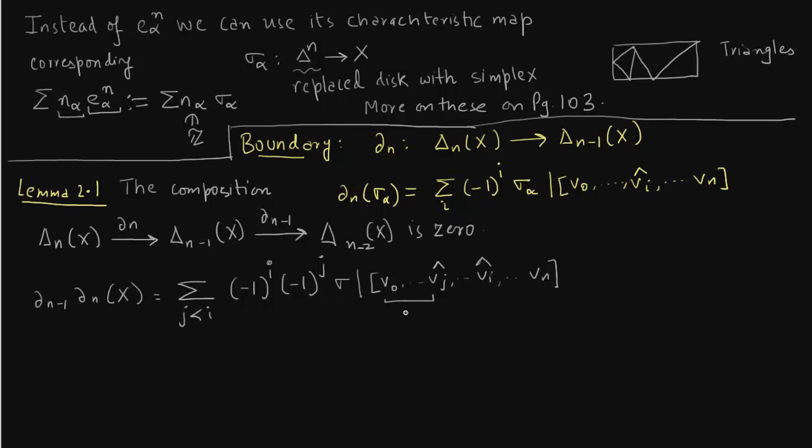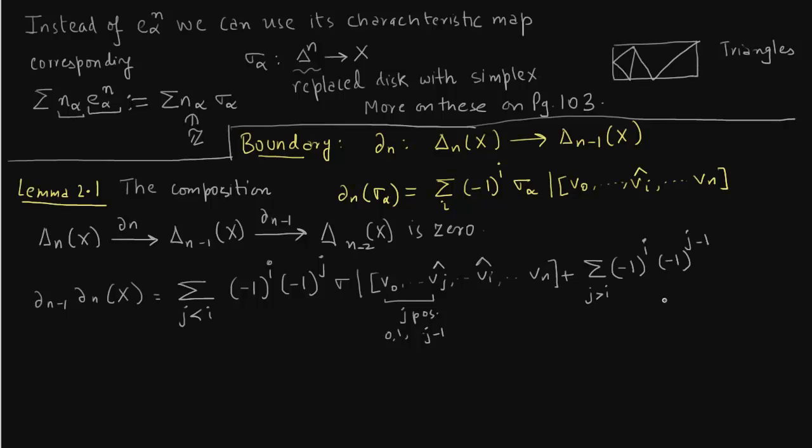Notice there are indices before j: point 0, 1, 2, 3 all the way to j minus 1, so 0 to j minus 1 are j positions. That is why I have raised minus 1 to the power of j.